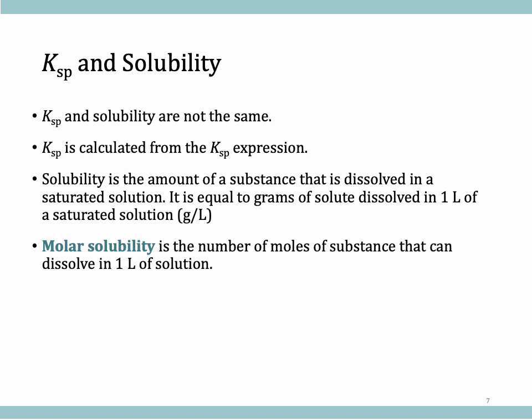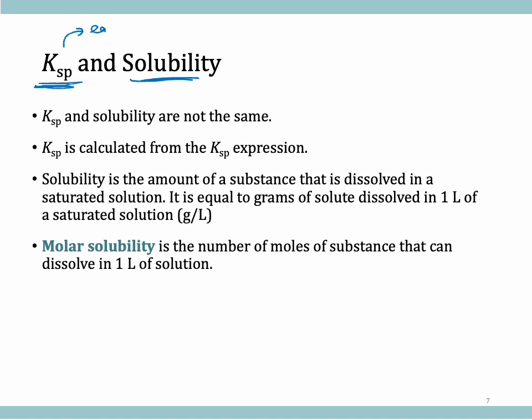Ksp again is a fixed value. For example, most of the salts have their own Ksp value, that depends on the solubility of that salt. But one very important thing to remember is Ksp and solubility are two different things. Ksp has an expression.